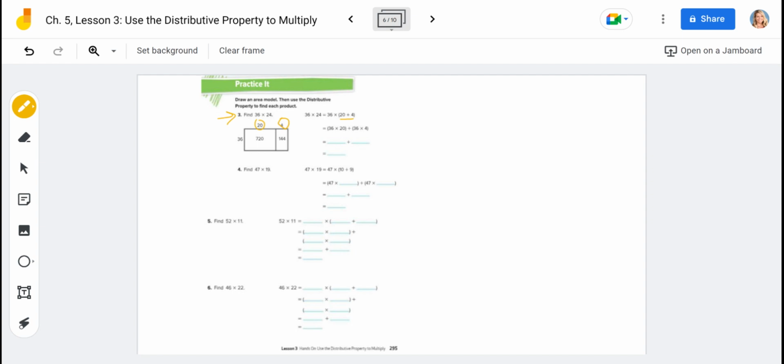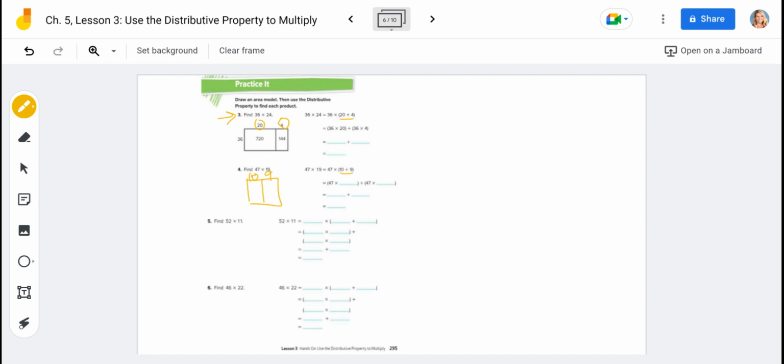So that's the number that should go on top of your area model. On number 4, you need to look and see, did they decompose a number? Yes, they did. They decomposed 19. So I need to put 10 plus 9 on the top. And I'm going to let you do the rest by yourself, because hopefully you should know.